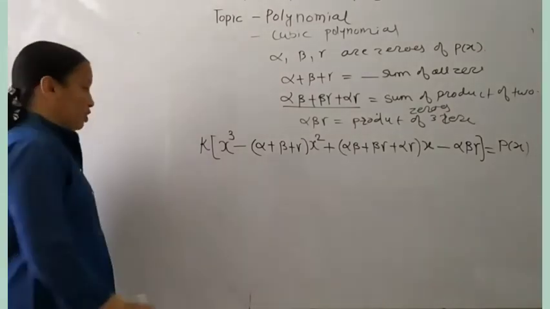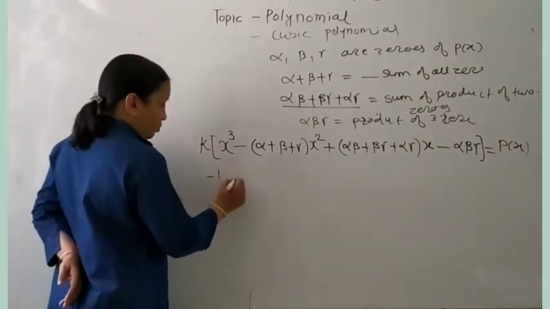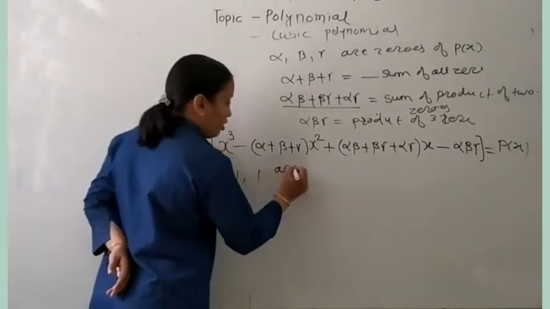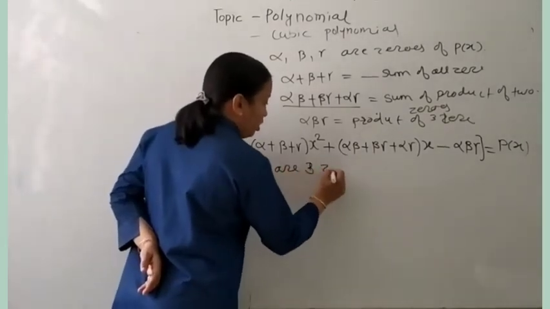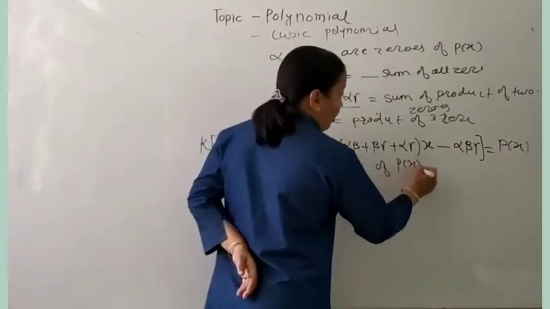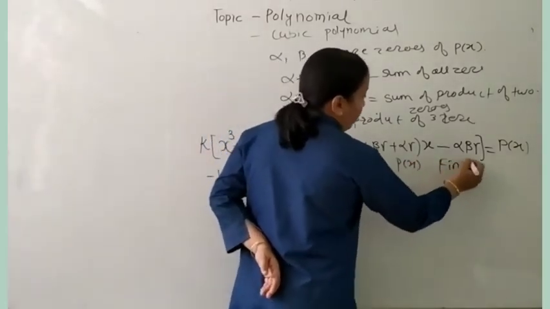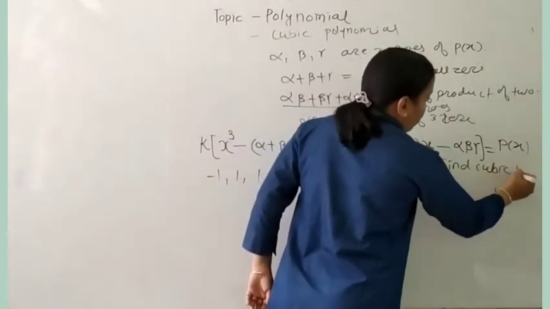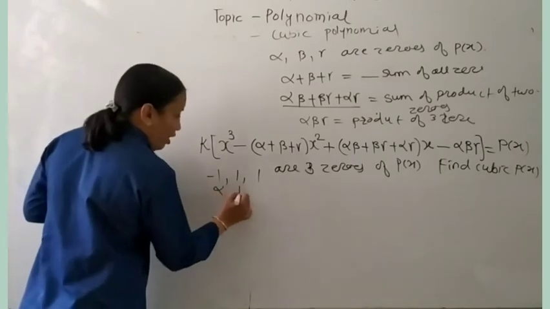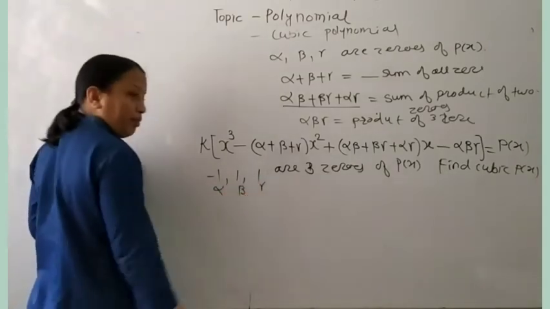Means, for example, suppose minus 1, 1 and 1 are three zeros of P of x. Find cubic polynomial P of x. Now just this is your alpha, this is your beta, this is your gamma.